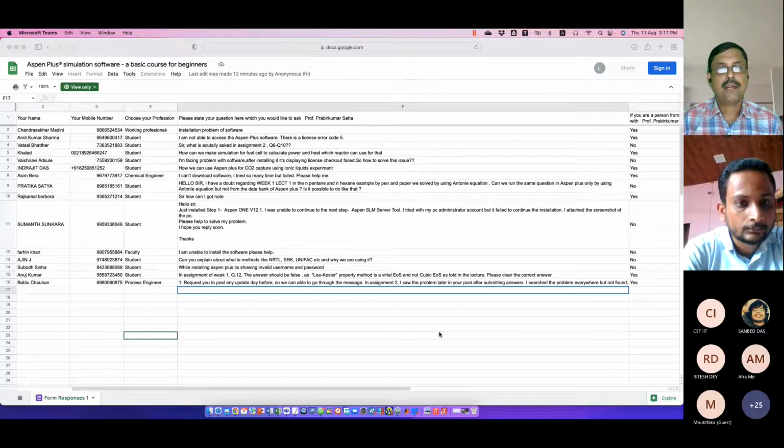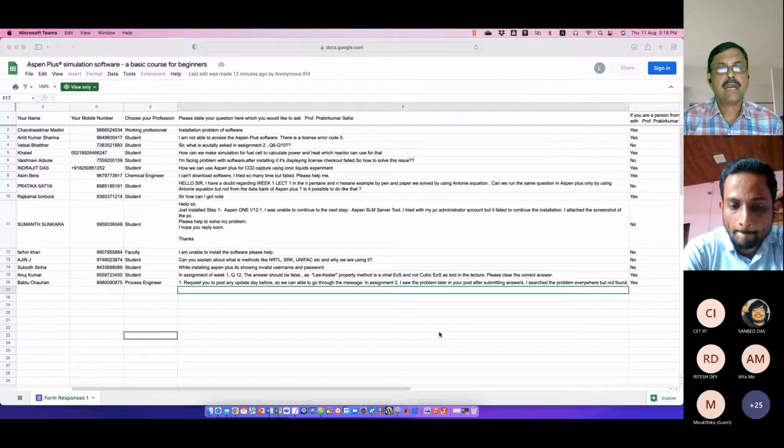So NRTL is non-random two-liquid. SRK is Soave-Redlich-Kwong. These are the thermodynamic property methods that are available for use. Now, you should read your chemical engineering thermodynamics properly to understand what they are, and you should know where to use them. When you study the NRTL method, it is not specific to Aspen Plus.